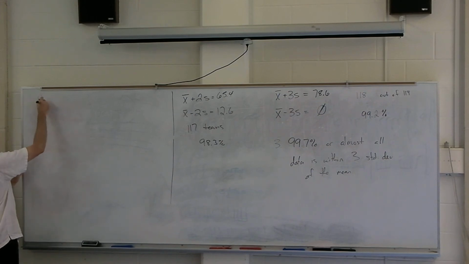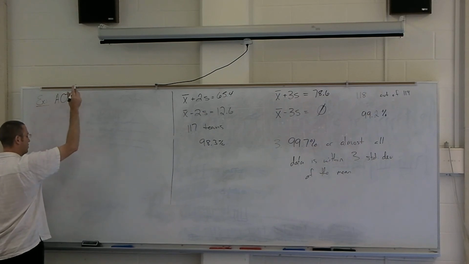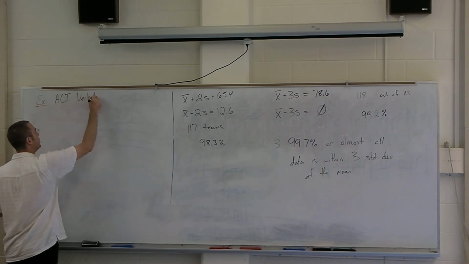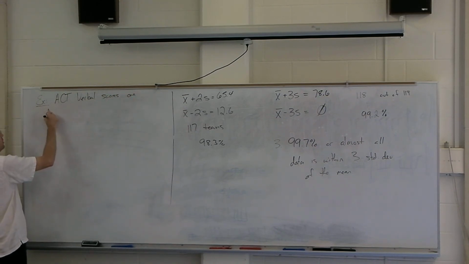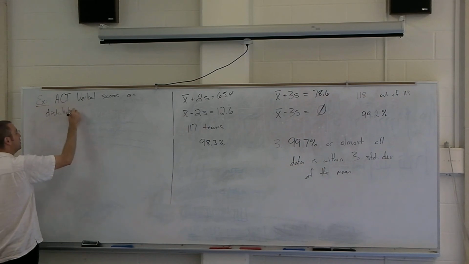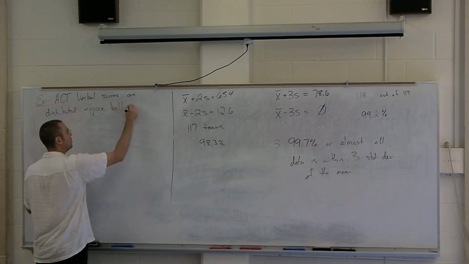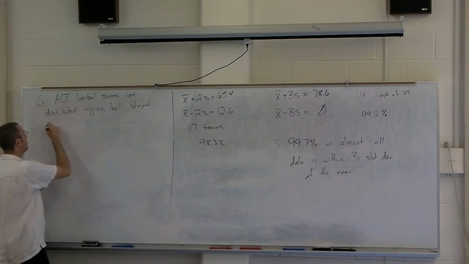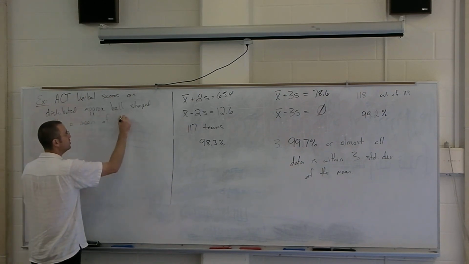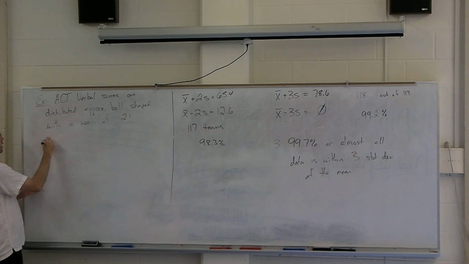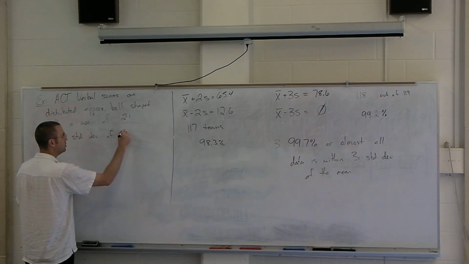All right, so as an example, ACT verbal scores are distributed approximately bell-shaped, with a mean of 21 and a standard deviation of 6.